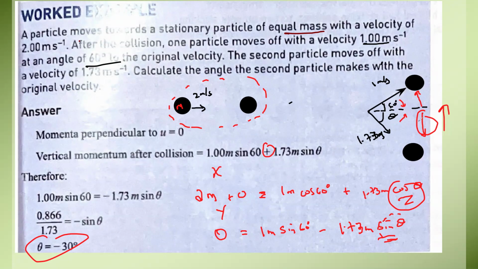If you took negative from the beginning and got a positive answer, your direction is correct. But if you took positive and you get a negative answer, the direction is actually opposite to what you took. They considered that both objects move in the same vertical direction, but in practice that won't happen because the momentum should be conserved. If one is going vertically up, the other should go vertically down.